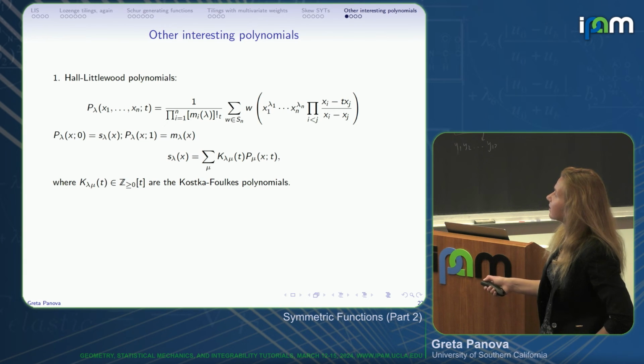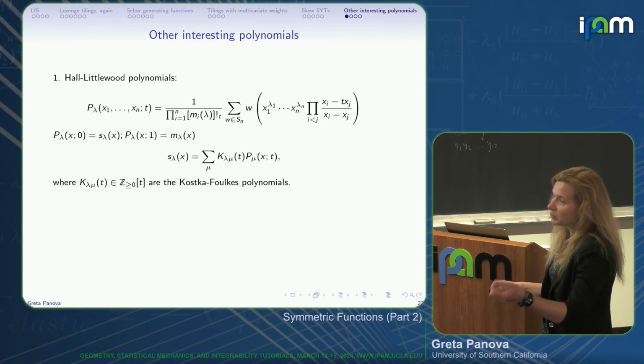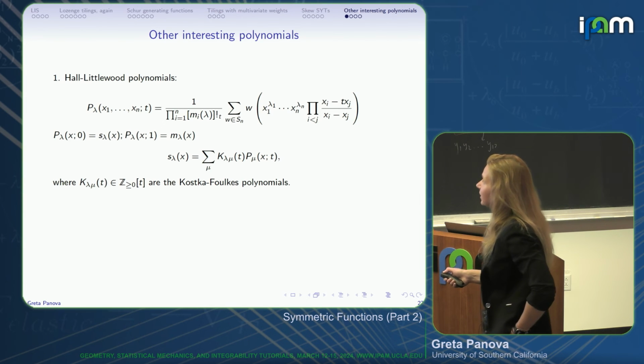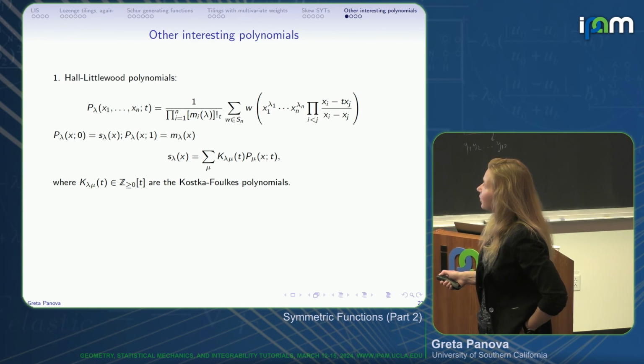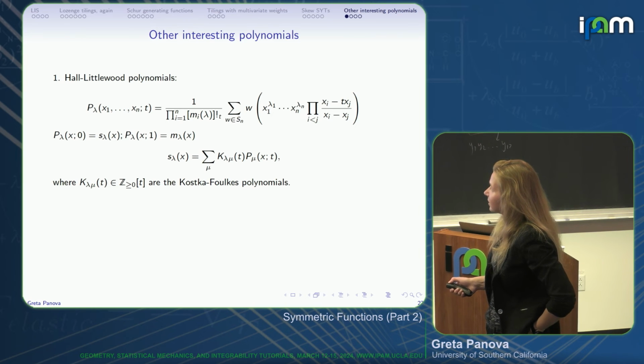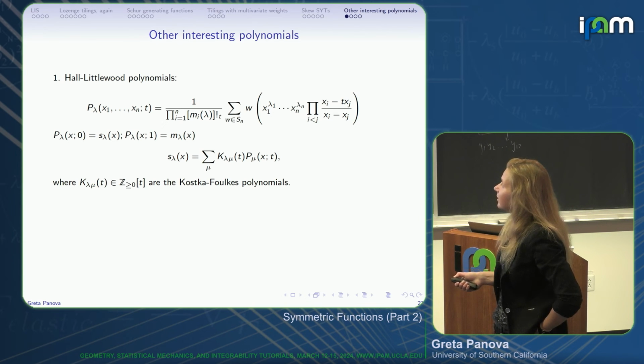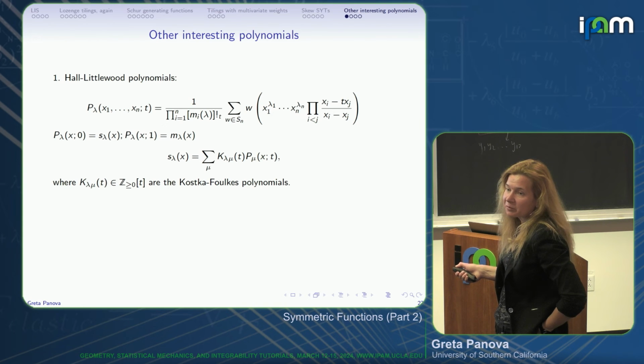So we take this expression and we plug in, instead of x1, x_w1, then x_w2, and so on, going over all permutations. So a priori this is going to be skew symmetric, but it turns out, no, sorry, this is actually symmetric, of course. If t is 0, this is exactly the Weyl determinantal formula.